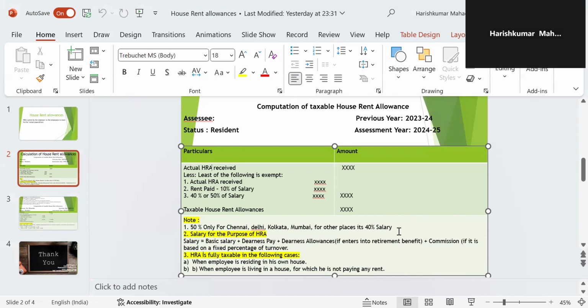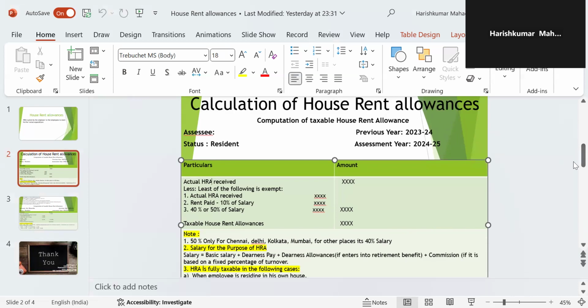So that is the reason it is fully taxable. Next, when the employee is living in a house for which he is not paying any rent. If you are staying in any other house except your own, but you are not paying any rent to the house owner, in that case also it is fully taxable. So you can just go through the format of taxable HRA.